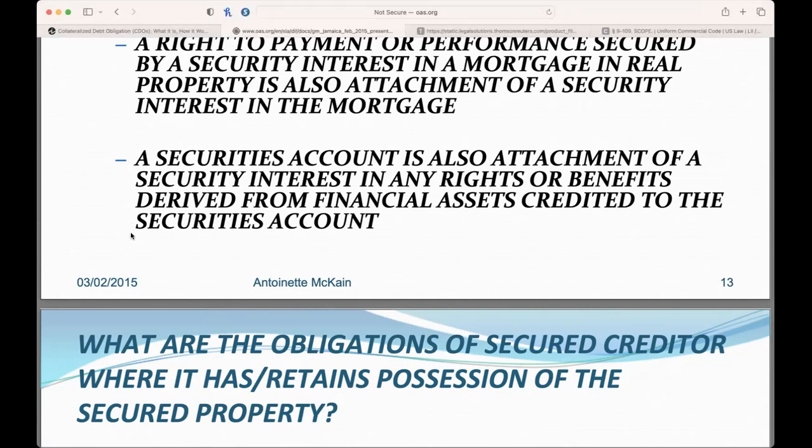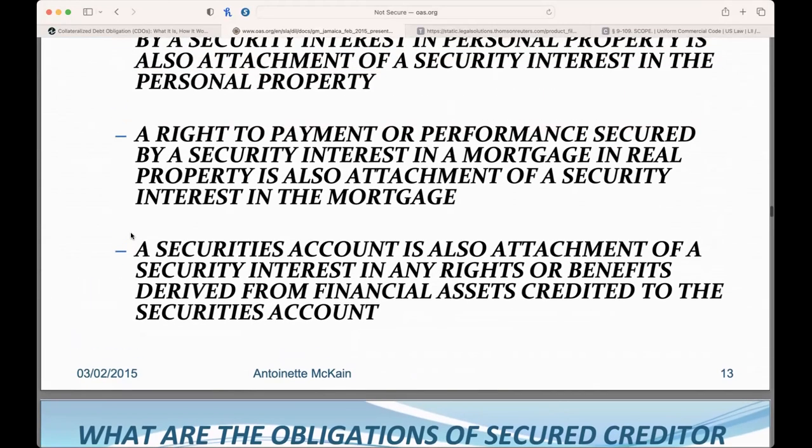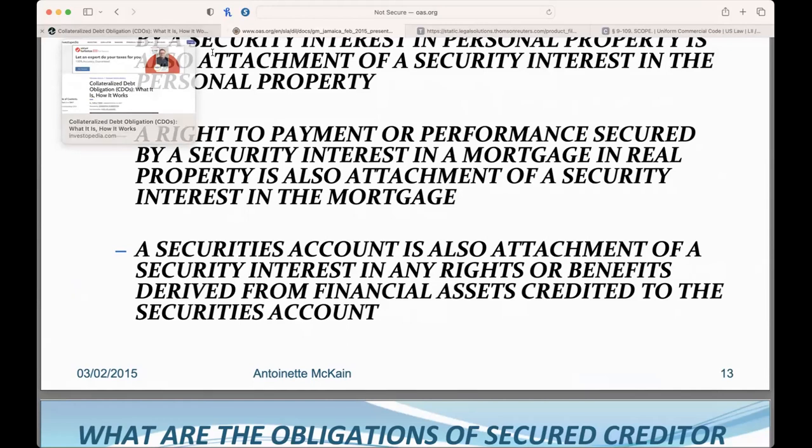So, a securities account is also an attachment of a security interest and any rights or benefits derived from financial assets credited to the securities account. So I'm actually going to pull up the UCC definition of financial asset.